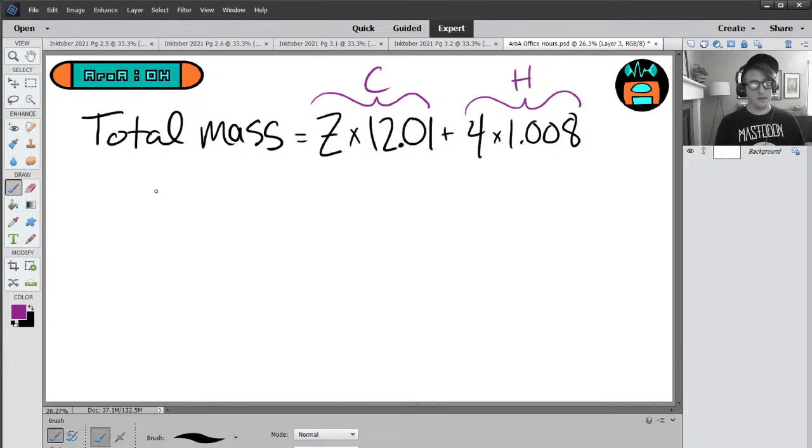So this is our total mass for the entire thing.